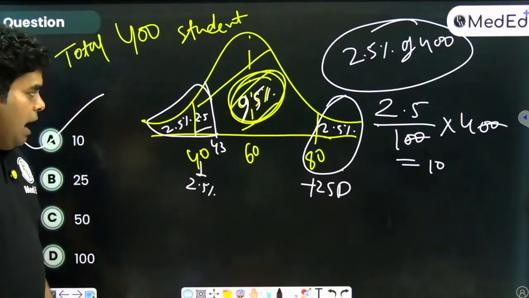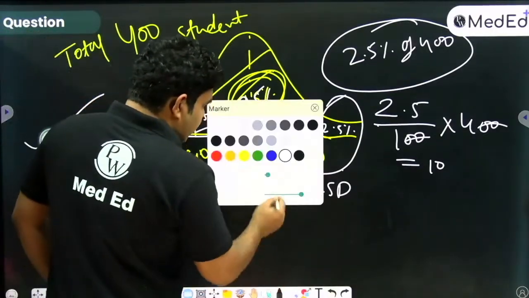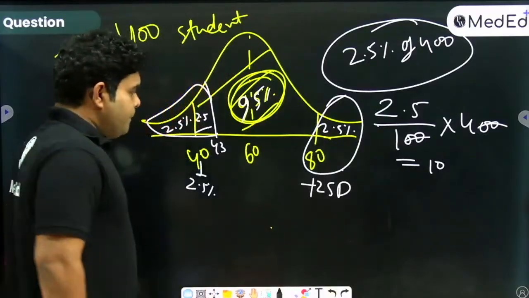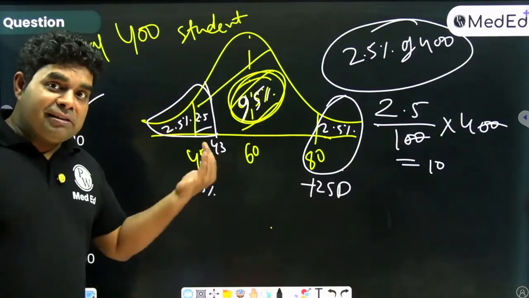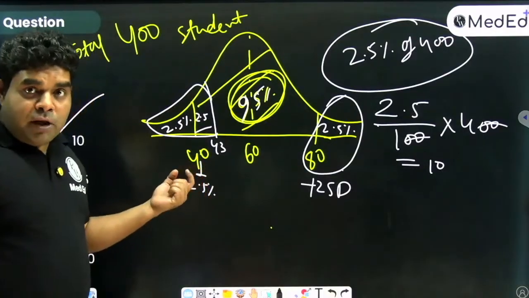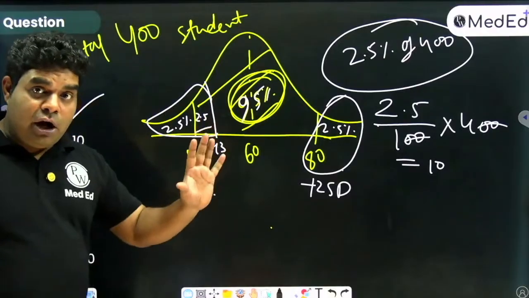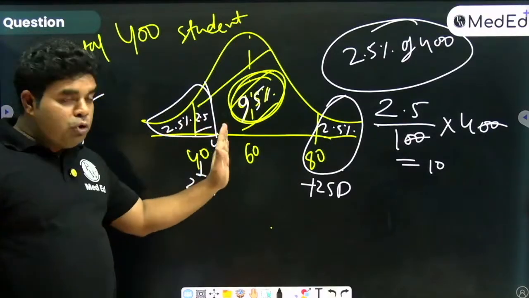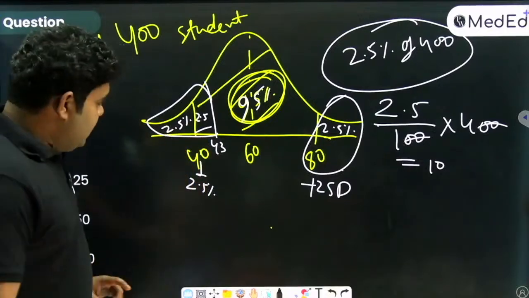मैं क्या कह रहा हूं इंग्लिश में कि अगर उन्होंने पूछा कि किस नंबर से 5% बच्चे इस क्लास के नीचे होंगे, तो आप आंसर 40 मत कर देना, क्योंकि 40 के नीचे सिर्फ 2.5% है. अगर पूछा 5% बच्चे कहां होंगे, तो आपको 40 से थोड़ा ऊपर जाना होगा, तब 5% बच्चे आएंगे. समझ रहे हो?